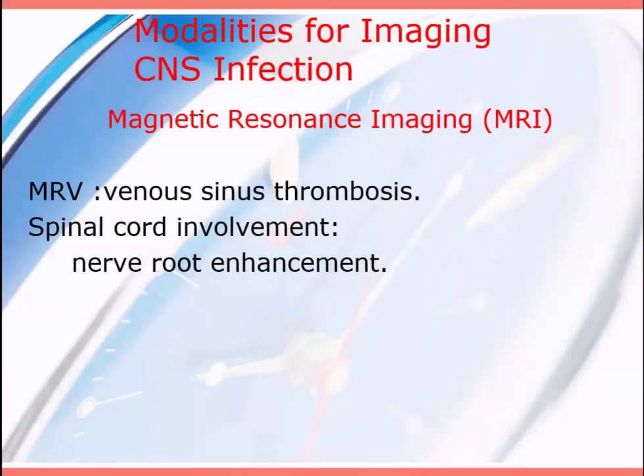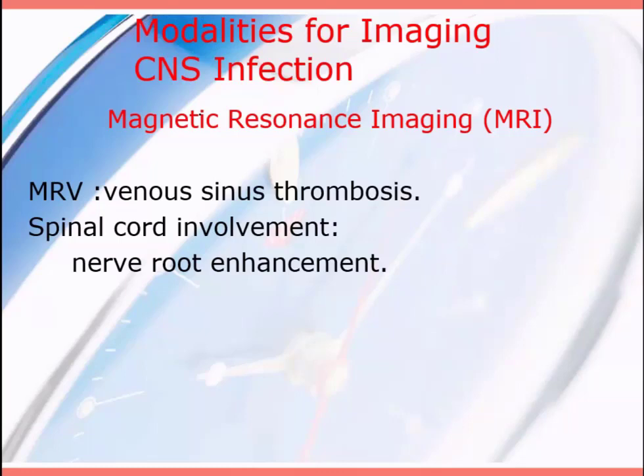And then you have to do contrast-enhanced study, and then MRV for detection of venous sinus thrombus. So this is a part of the protocol. So the protocol will be contrast-enhanced MRI, SWI, diffusion-weighted images, and MRV.